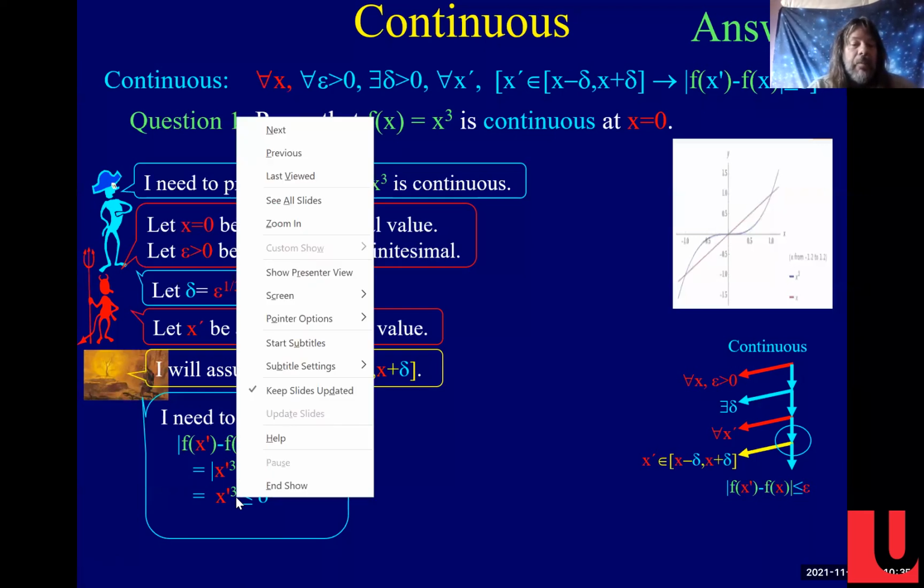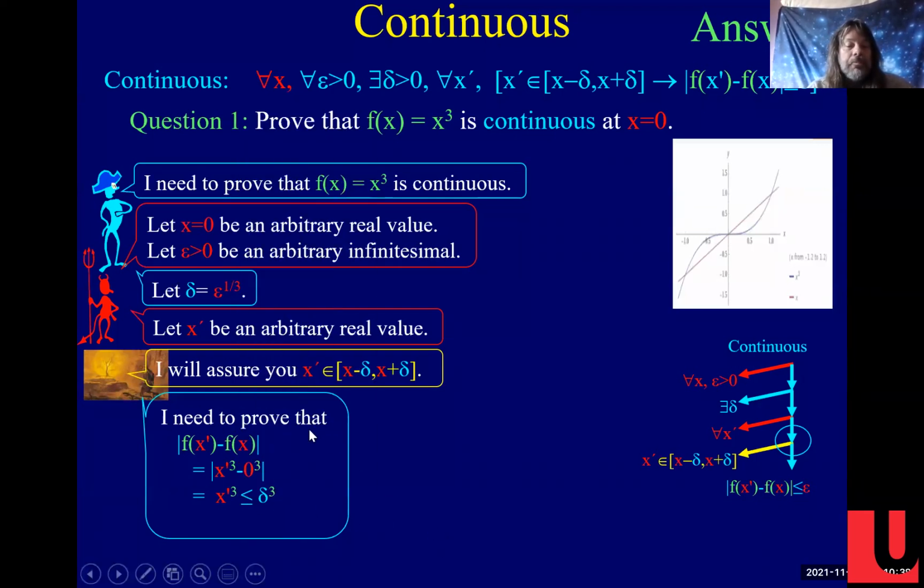And I guess here we have to say x prime is, we know it's less than or equal to x, so x prime is less than or equal to all this stuff. Well, x is 0, right? So this is basically saying x prime is less than or equal to delta. So I'm just using the fact that x prime is less than or equal to delta to say that x prime cubed is less than or equal to delta cubed.